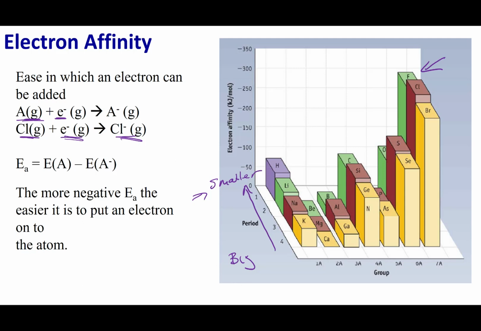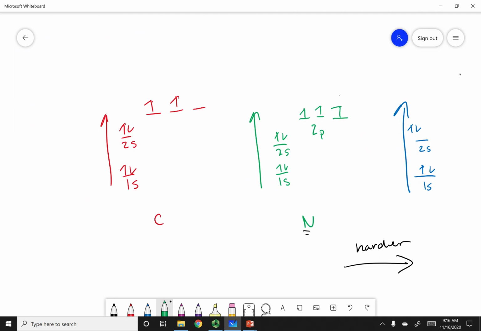This also explains the discrepancy in the electron affinity trend. What you will notice is nitrogen has a very low affinity for electrons. And going back to our picture, you can see why. Remember, electron affinity means I want to stick a new electron into my atom. For something like carbon, which has an empty spot, it's fine.